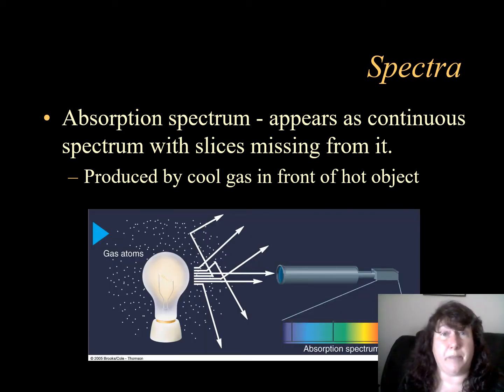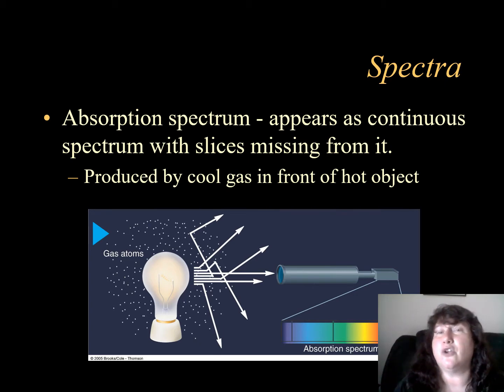So look at the picture, and here you can see that it's the gas in front of the light bulb. Notice that we're not looking at the top where the heat's coming around the atoms. We're looking at the cool gas in front of the light bulb. This picture's kind of creepy about that. I mean, it's not really accurate. I would say take those lines, move them out a little bit further from the light bulb, and then you're starting to get an emission spectrum or absorption spectrum.